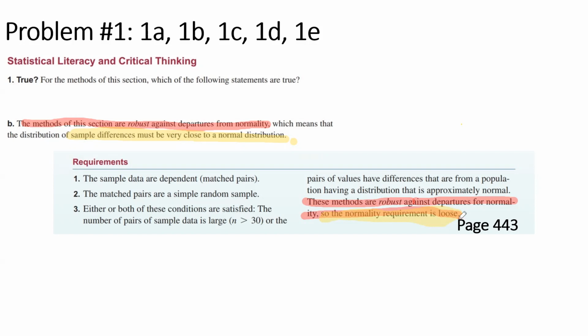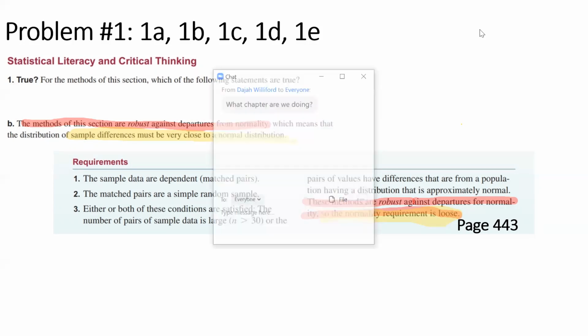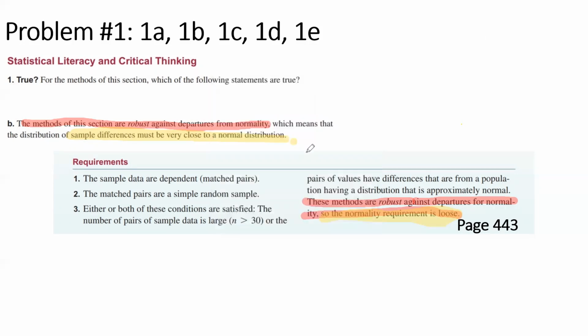All right, I got something in the chat, so I'm going to add this to our discussion. This is chapter 9.3 that we're currently doing. So you're absolutely right, Nyrese. The first part of this is almost a carbon copy, but after the comma, they're saying exactly the opposite.